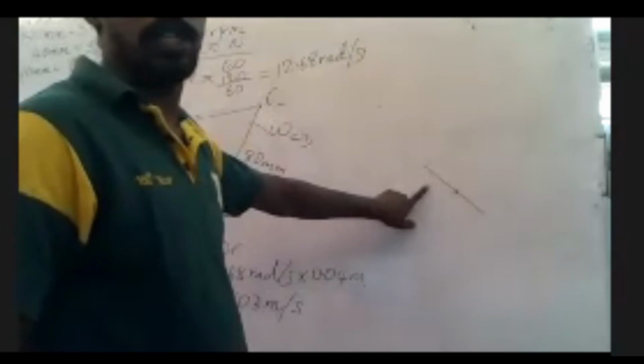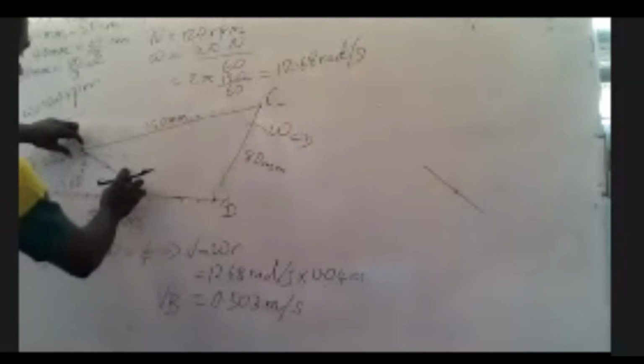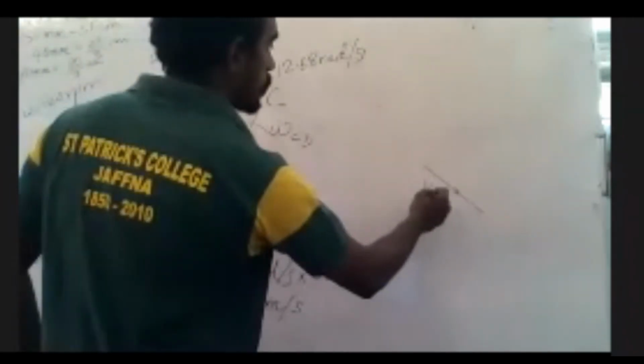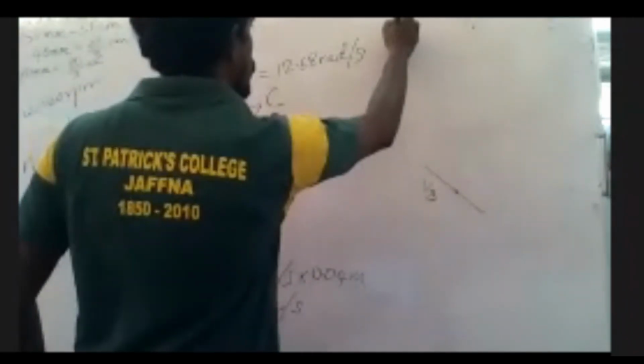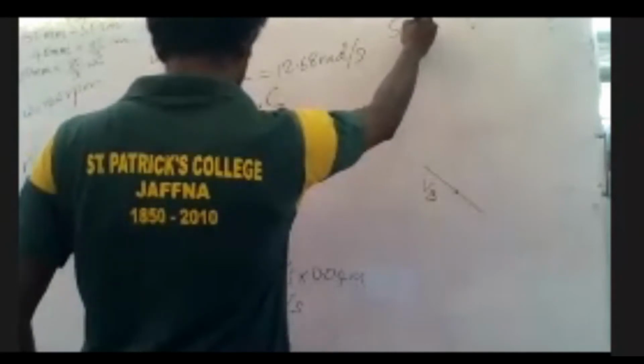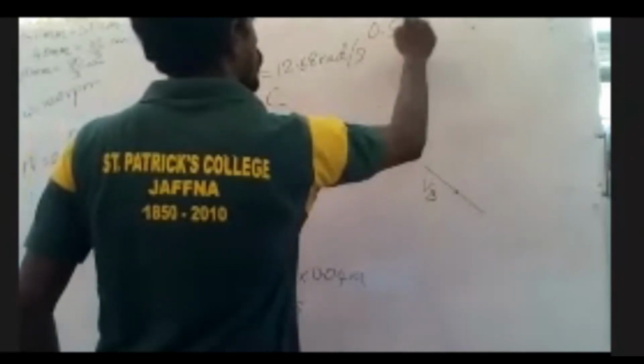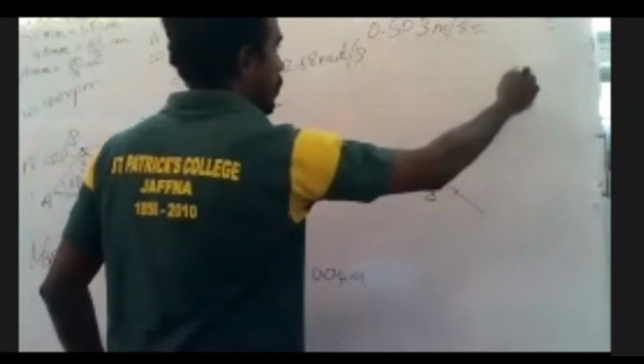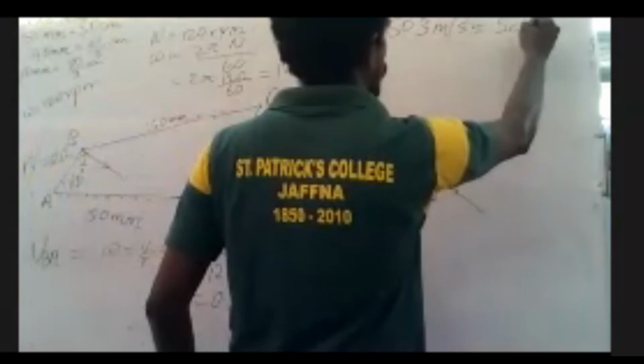For that, in your papers, you need to use a roller scale: take it, move it, and draw. That is your velocity of B. I am taking a scale of 0.503 meter per second as, say, 5 centimeters. That is not actually 5 centimeters; that's what I mean by a scale factor.